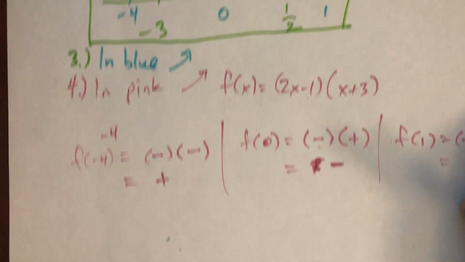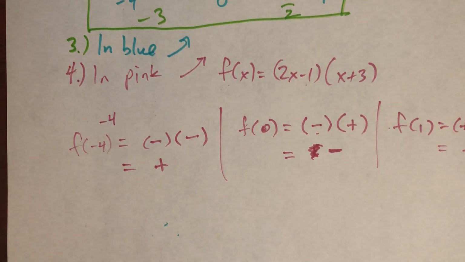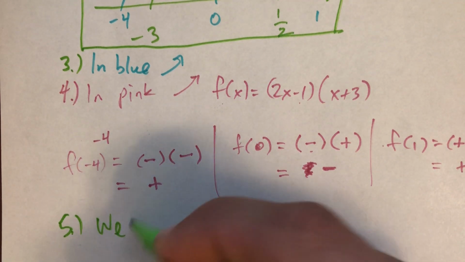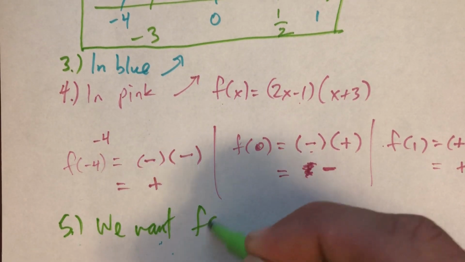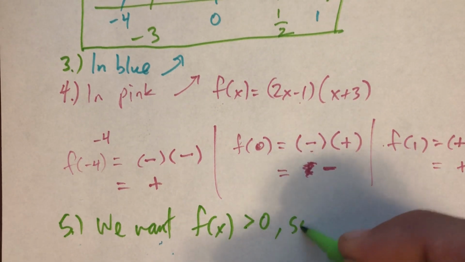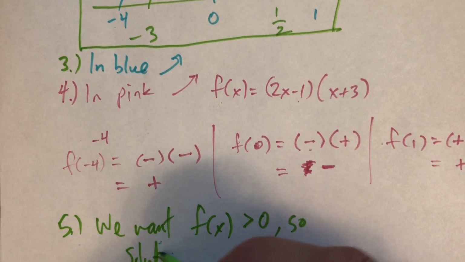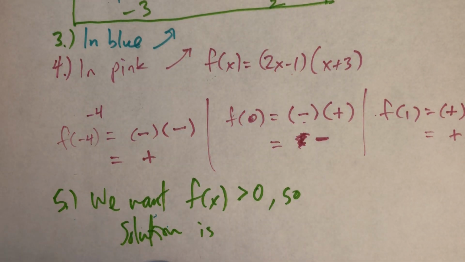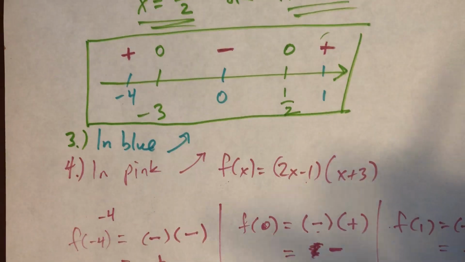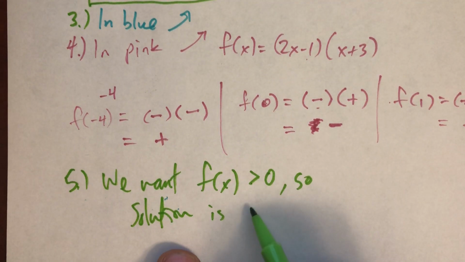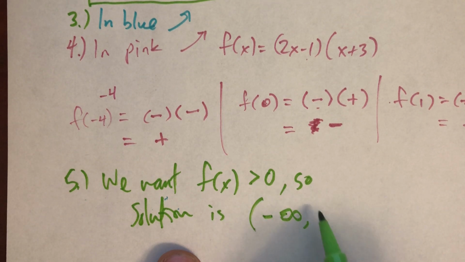So we can say what our solution set is here for step 5. So we want our function strictly bigger than 0. So the solution is, well, it's the set of all the numbers in these intervals where it's positive, right? So we want everything to the left of -3, which would be -infinity all the way to -3.